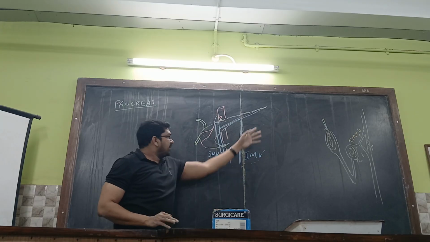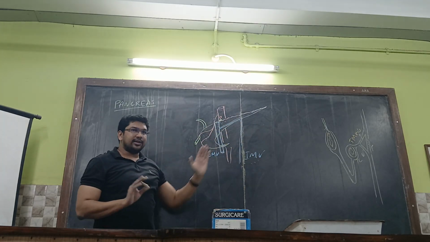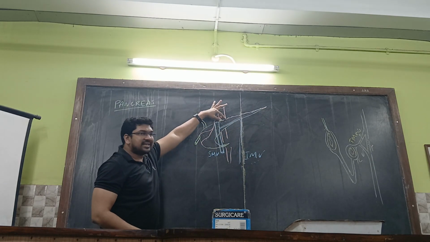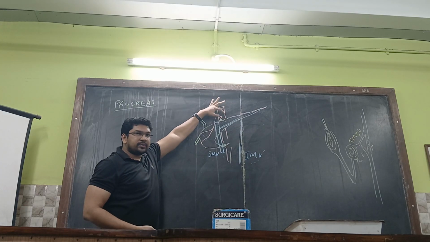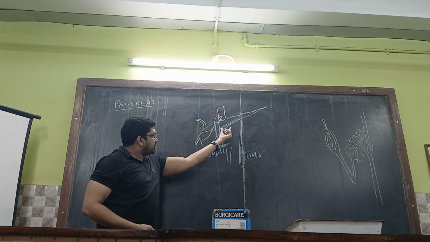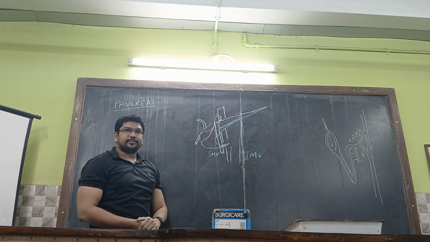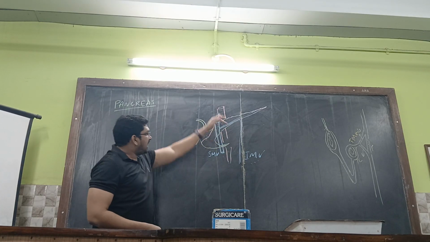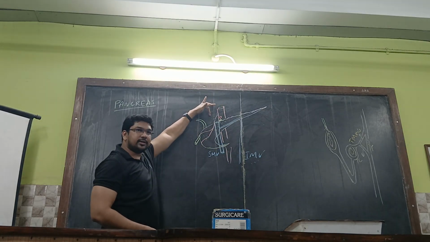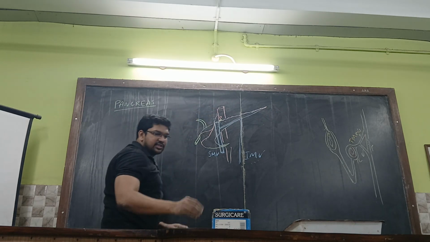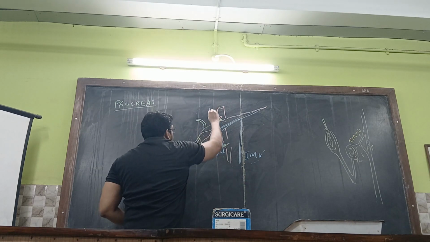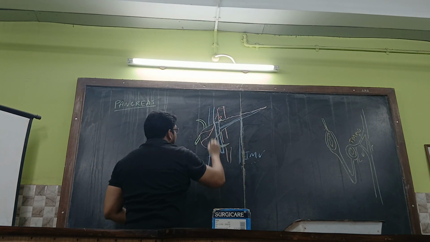If you put the pancreas absolutely in front of the aorta, this tuber omentum will be in front of the aorta, and the uncinate process is also at the same level. So the uncinate process also will be in front of the aorta. And the inferior vena cava will be situated over here, towards the head of the pancreas. You will understand?